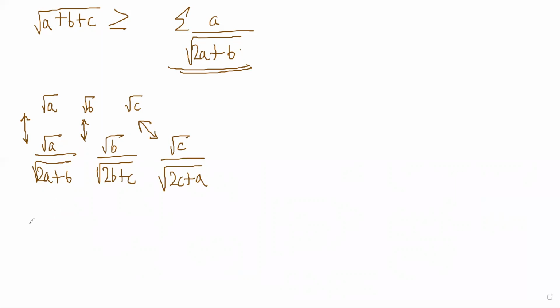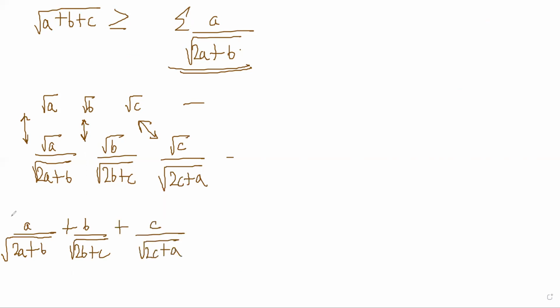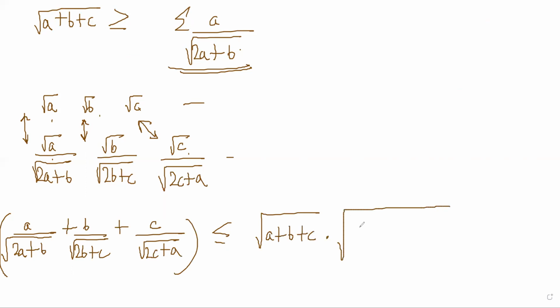And Cauchy-Schwarz says that the dot product of, think of this as a first vector and a second vector, the dot product of these vectors, which is a by 2a plus b root, plus b by 2b plus c, plus c by 2c plus a, this dot product quantity is less than or equal to the modulus of the first vector, which is root over a plus b plus c, multiplied by the modulus of the second vector, which is a by 2a plus b, b by 2b plus c, plus c by 2c plus a, right?